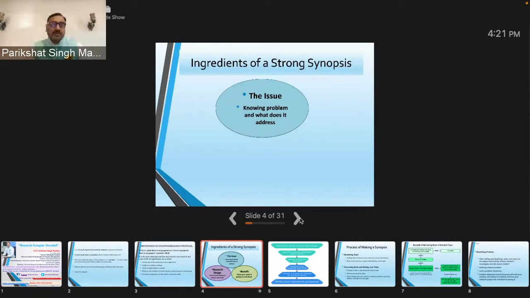Or a wrong surgery is done. Or because of that, a lot of fatalities also happen. So the issue is knowing the problem.